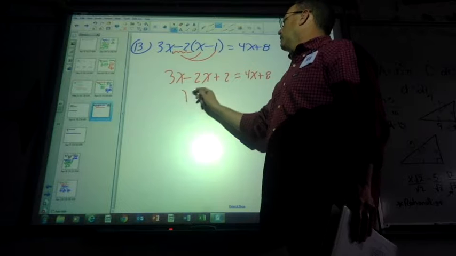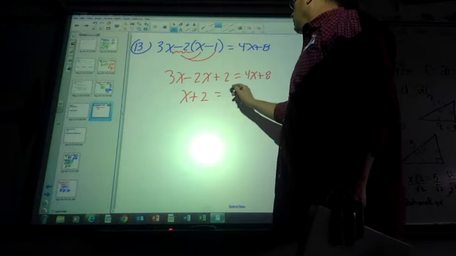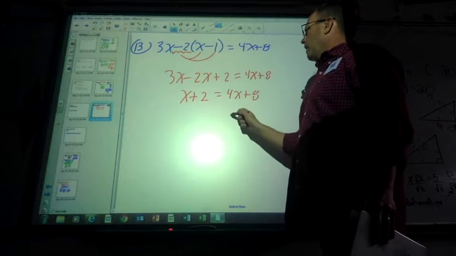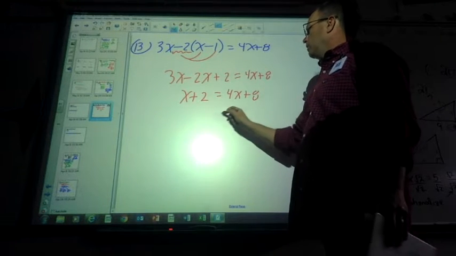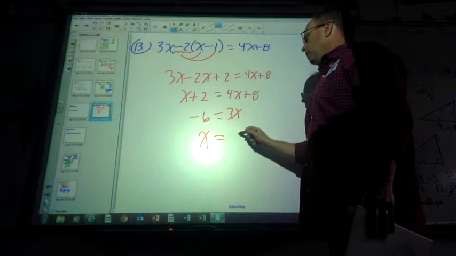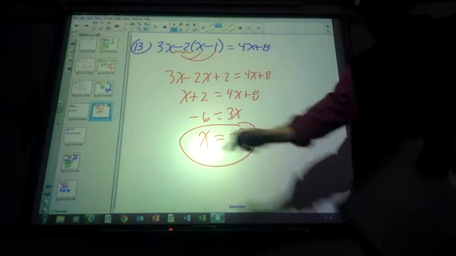Combine like terms, so I get x plus 2 is 4x plus 8. Alright, subtract x, so I get 3x over here. Subtract 8, I get negative 6. So I wind up with x equals negative 2 there.